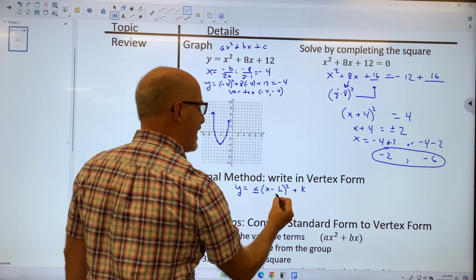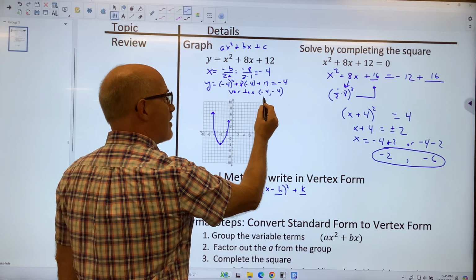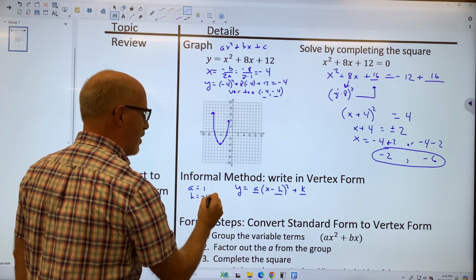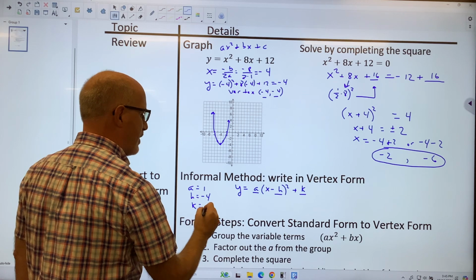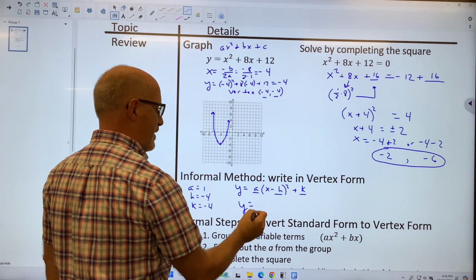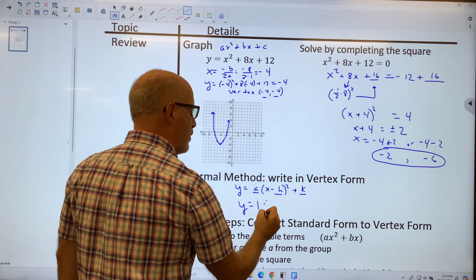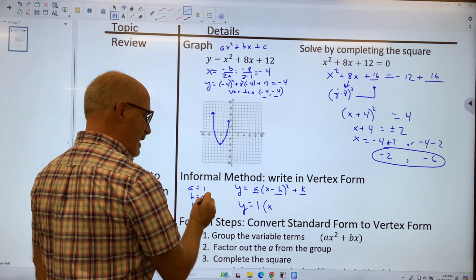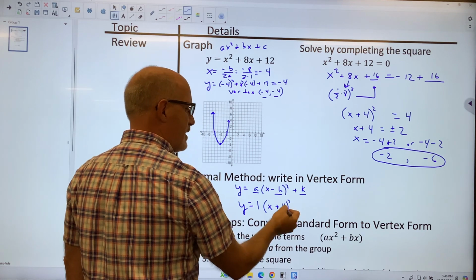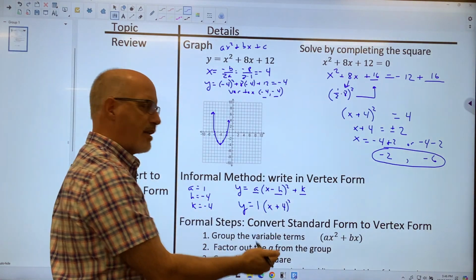And then we've got the h and the k. That's just the values at the vertex. So my h is going to equal negative 4, and my k is going to equal negative 4. So my vertex form of this is going to be y equals 1 times x minus a negative 4, which will be x plus 4, squared. Remember, it always tends to be the opposite on the inside of the parentheses.